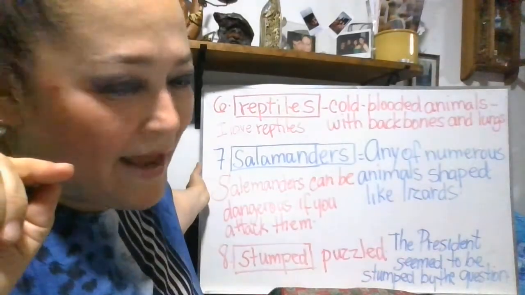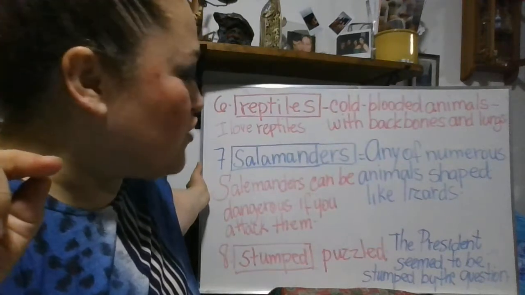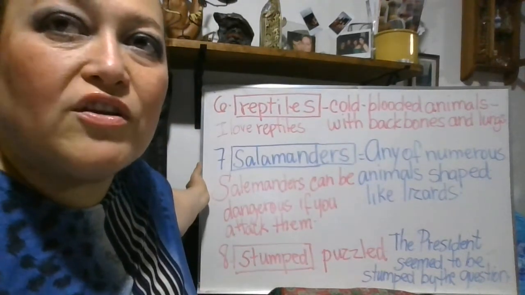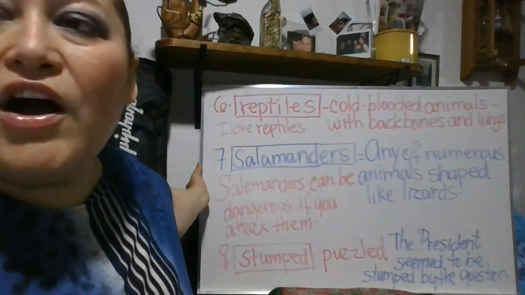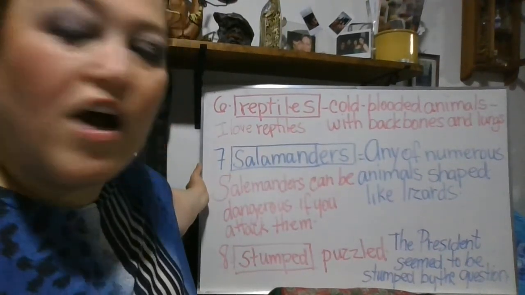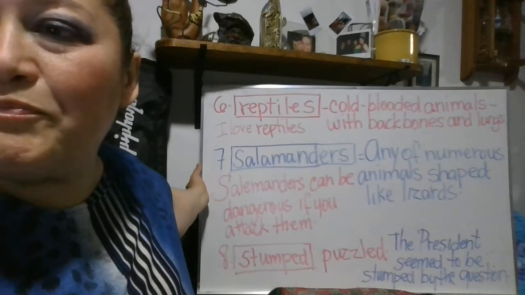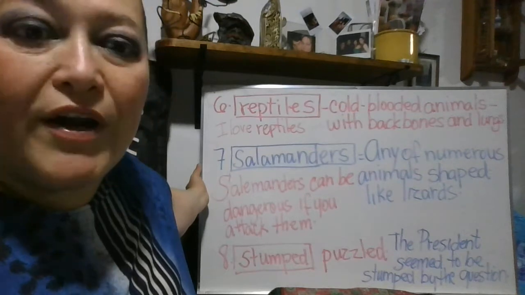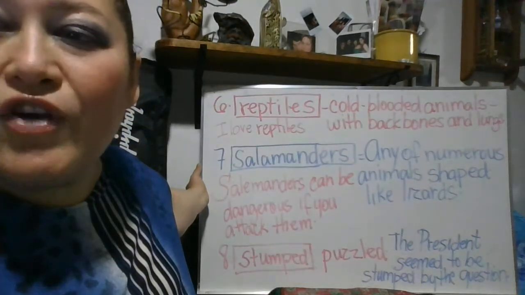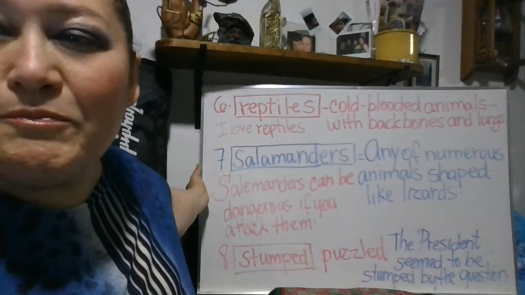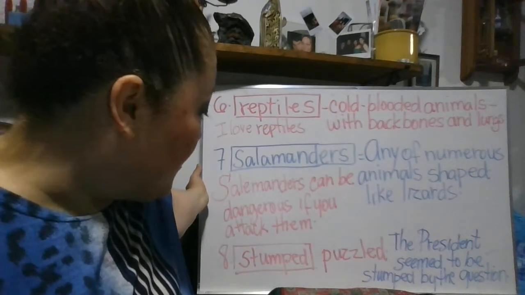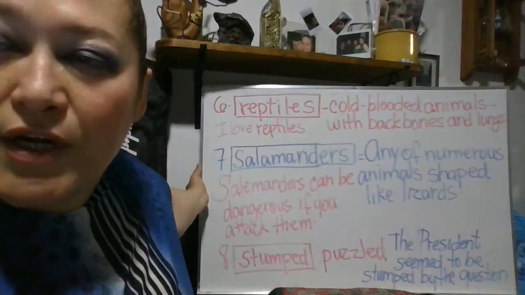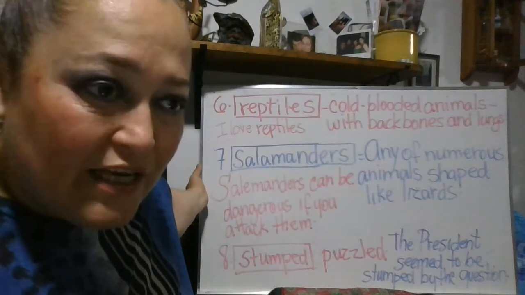Those are the salamanders. And the word stumped. The word stumped is something that is puzzled. Another synonym of stumped can be something that is hard to be baffled or to understand, or if you take it as a verb, maybe it can be something that is hard, stiff and noisy.